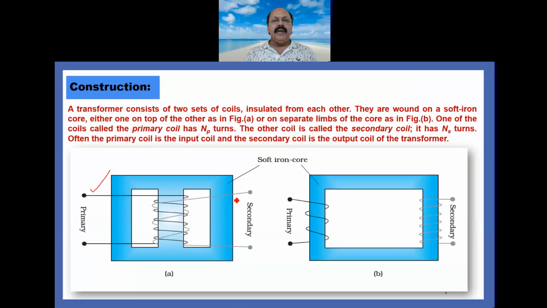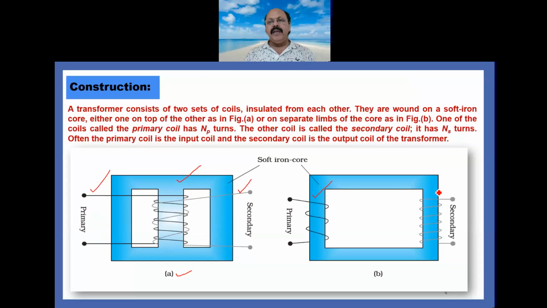One is the primary coil, the other is the secondary coil, and they are wound on a soft iron core, either one on top of the other, as you can see in figure 1, on the same iron core, or on separate limbs of the iron core, which you can see here.